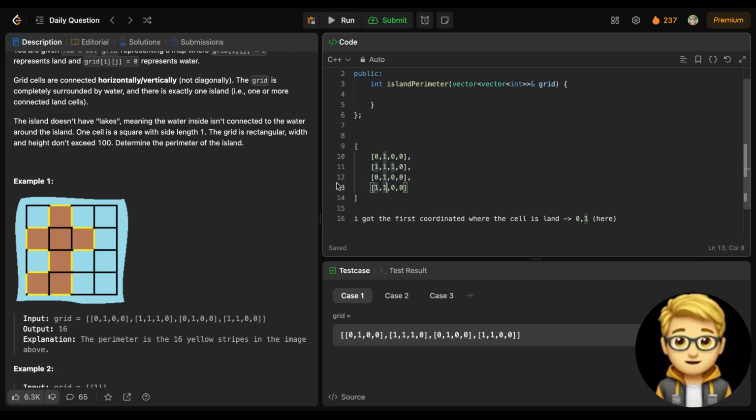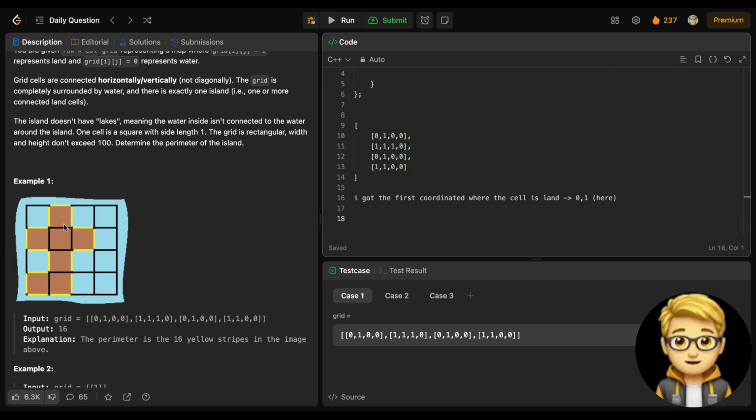But how will we calculate the perimeter of the island, right? For calculating the perimeter of the island, what I can see is every side has length 1, and a cell's perimeter is 4.